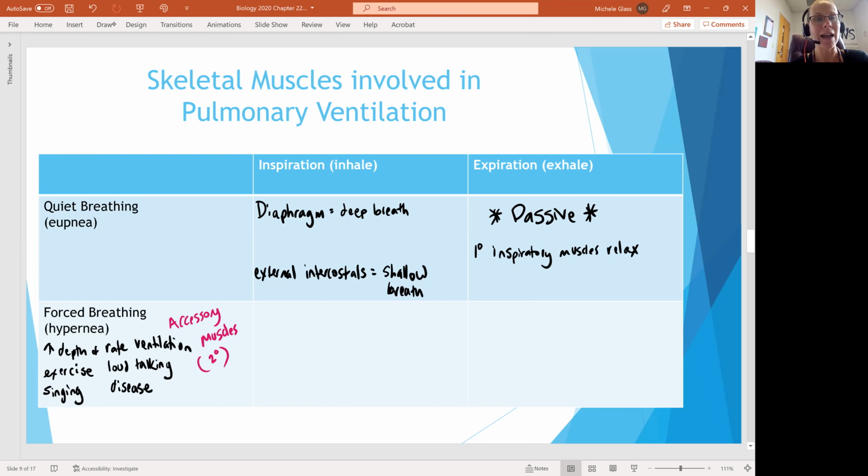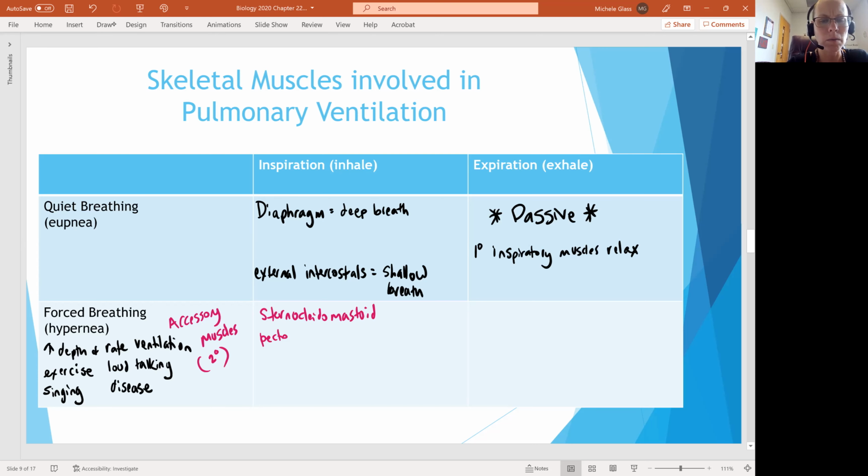And so we're going to have accessory inspiratory muscles and then accessory expiratory muscles. And so when we look at our accessory inspiratory muscles or secondary inspiratory muscles, we're going to see sternocleidomastoid. These are all going to be muscles that will make the thoracic cage larger.